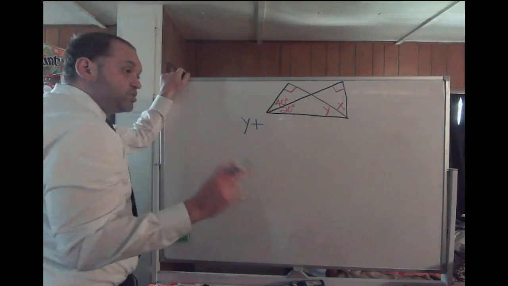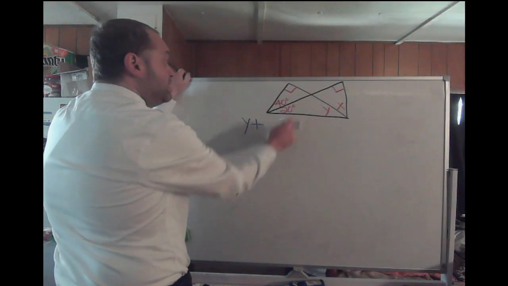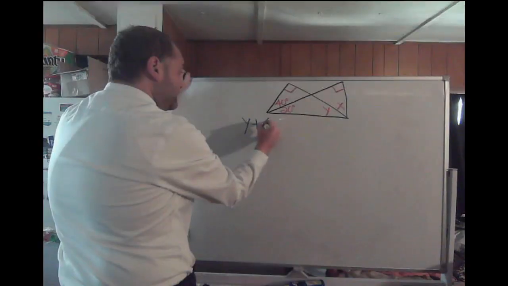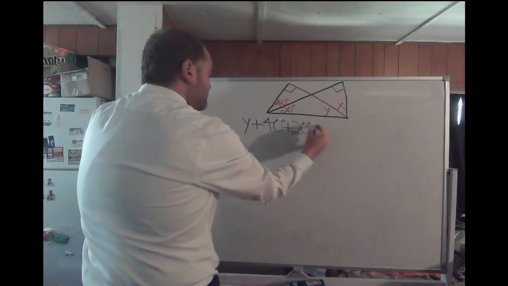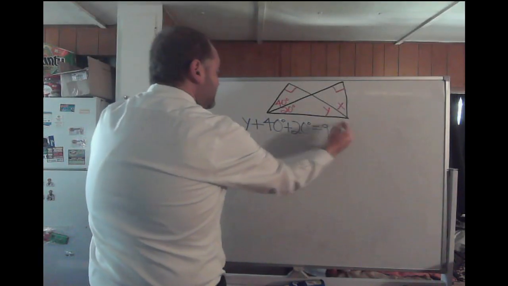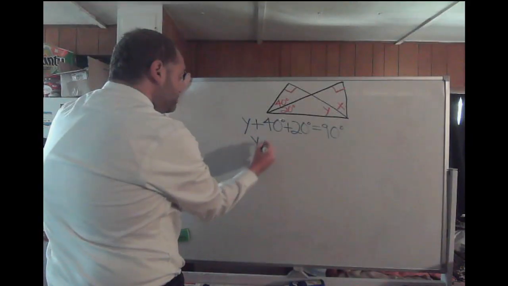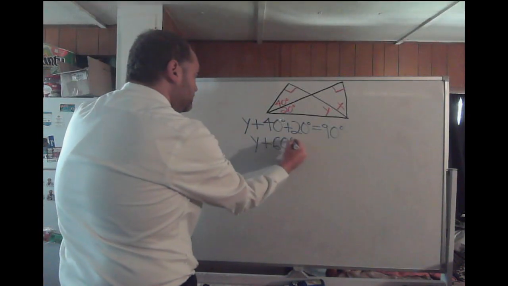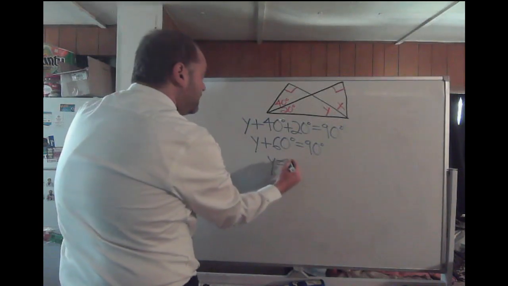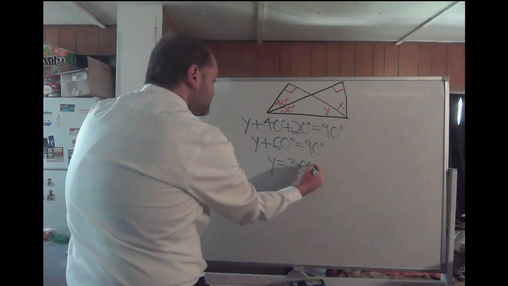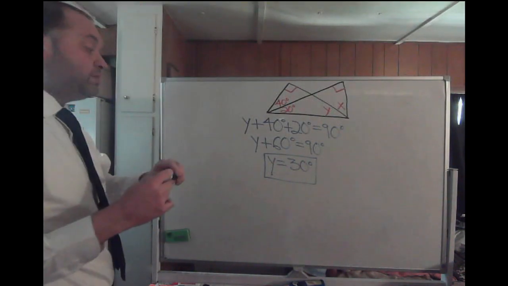Plus, since we've merged these two into one big right triangle, you're actually going to do 40 plus 20. So you'll have y plus 40 degrees plus 20 degrees equal to 90 degrees, because you've just merged the whole thing. You care about this whole master angle, which means you then get y plus 60 degrees equals 90 degrees, which then simply means that y equals 30 degrees. So we got the measurement for angle y set at 30. Okay, very good.